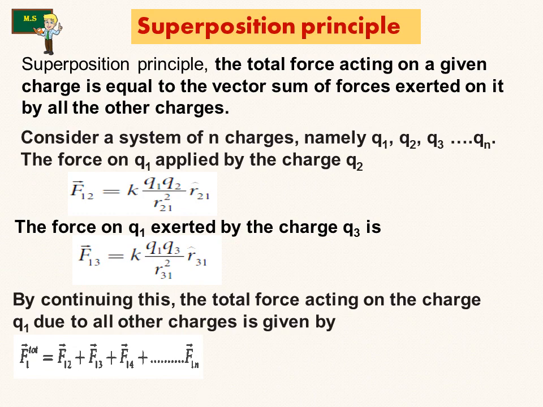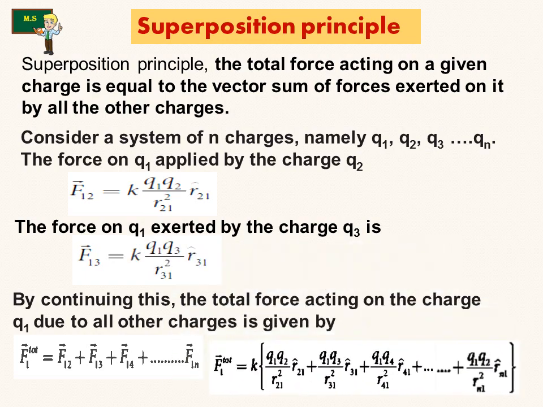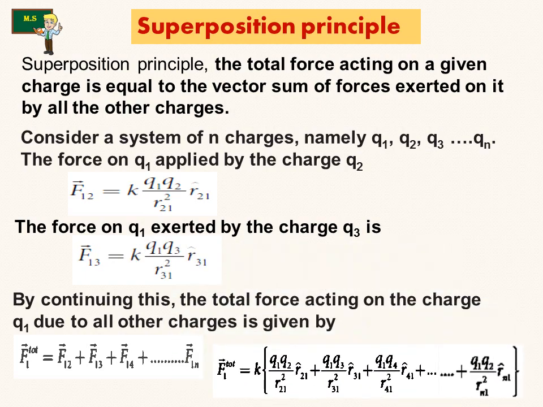F1 total is equal to F12 plus F13 plus F14 plus and so on till F1n.